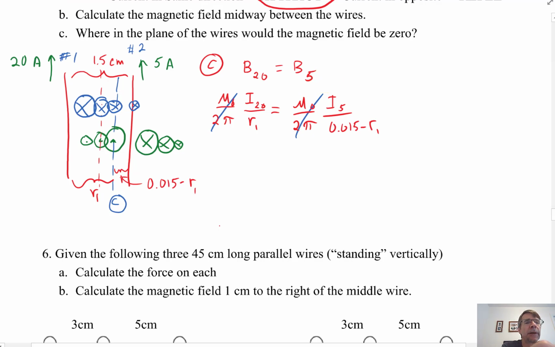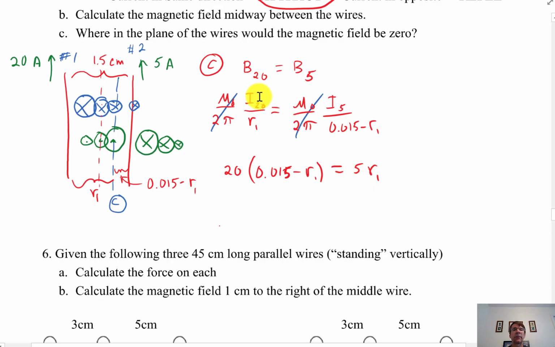If you cross multiply, famous last words, I20 is 20, so I'm going to plug the numbers in here. I take I20 up there and multiply it, not really a cross product, by the 0.015 minus R1, equals, going the other way, R1 times I5. I5 is 5 times R1.